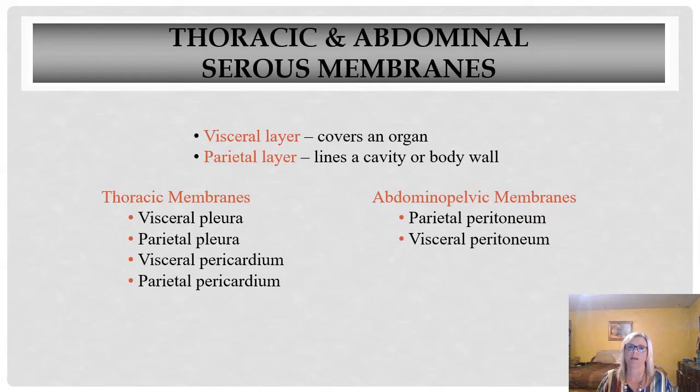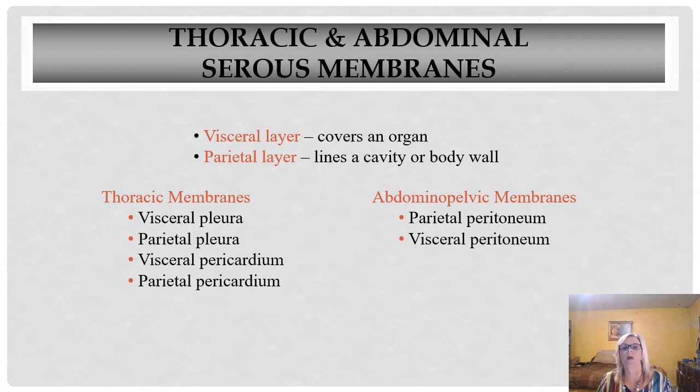Visceral pericardium is going to cover the surface of the heart. Peri generally means around, and cardia refers to the heart, so pericardium means around the heart. Okay, and then visceral is telling us that it's covering that organ. So again, understanding what these words mean helps you to learn things better than just trying to memorize them.